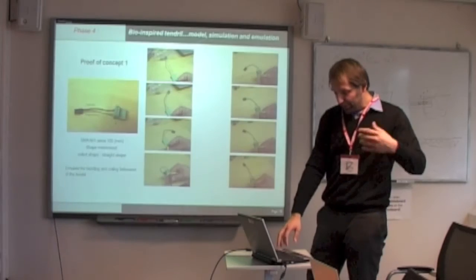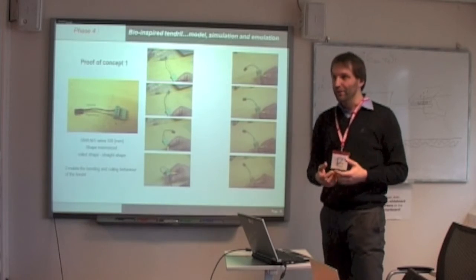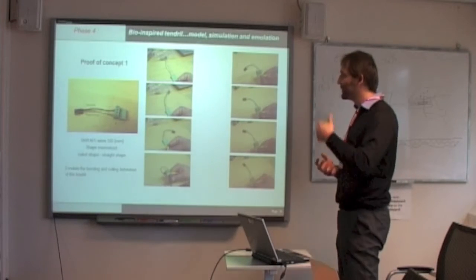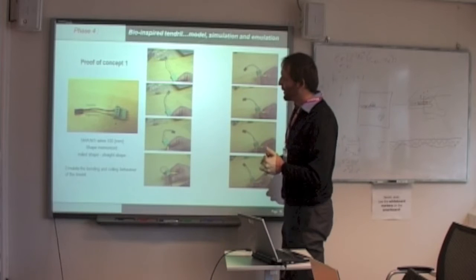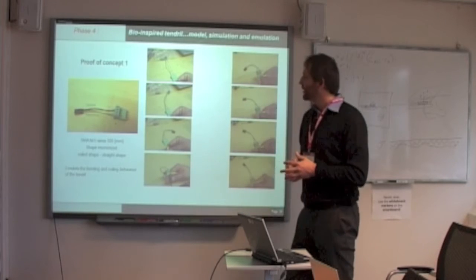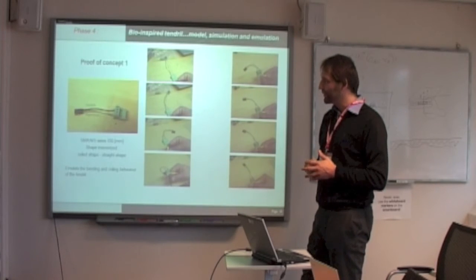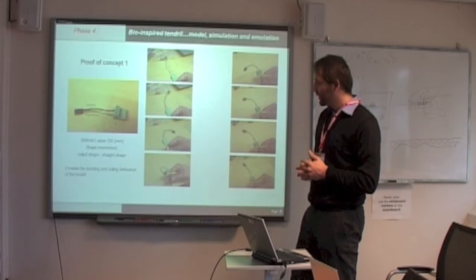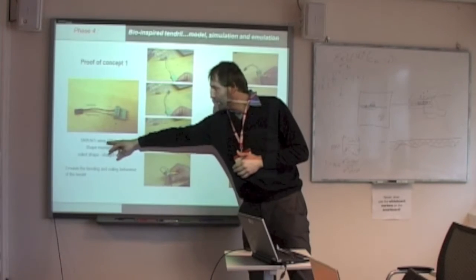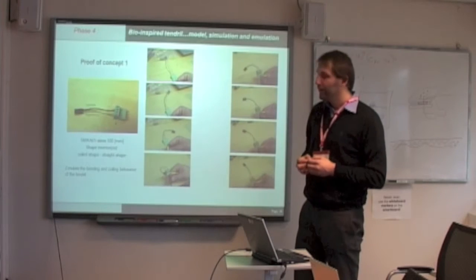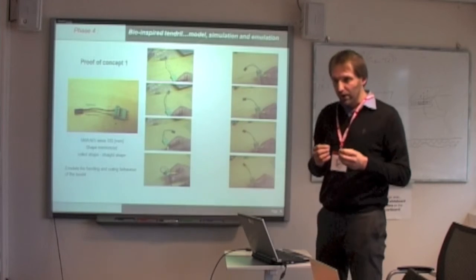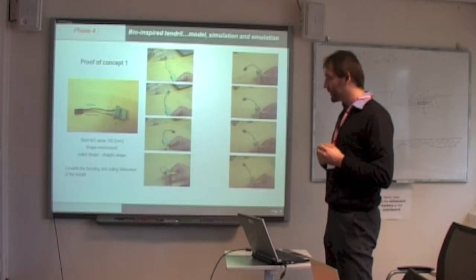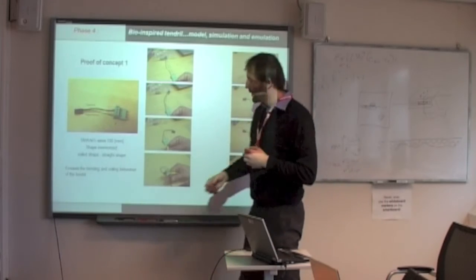After that, in order to create something that can be used for future prototypes, we tried to define a modular structure in order to have a proof of concept. We work with shape memory alloy nitinol wires, and we create different wires with different memorized shapes.